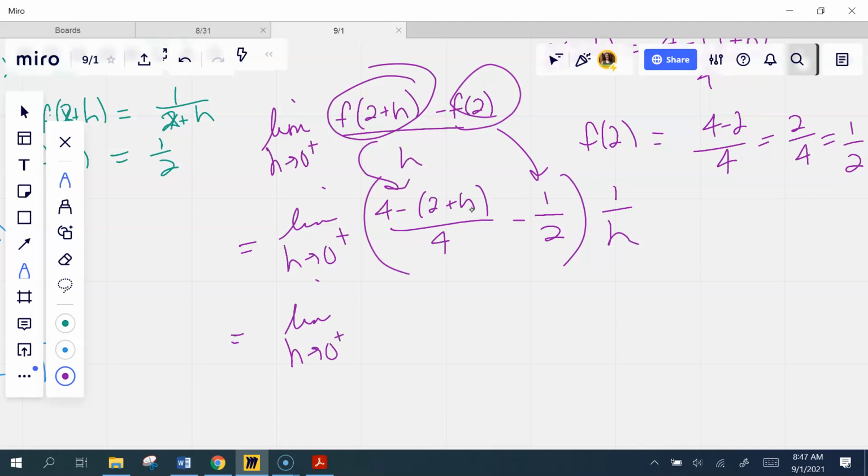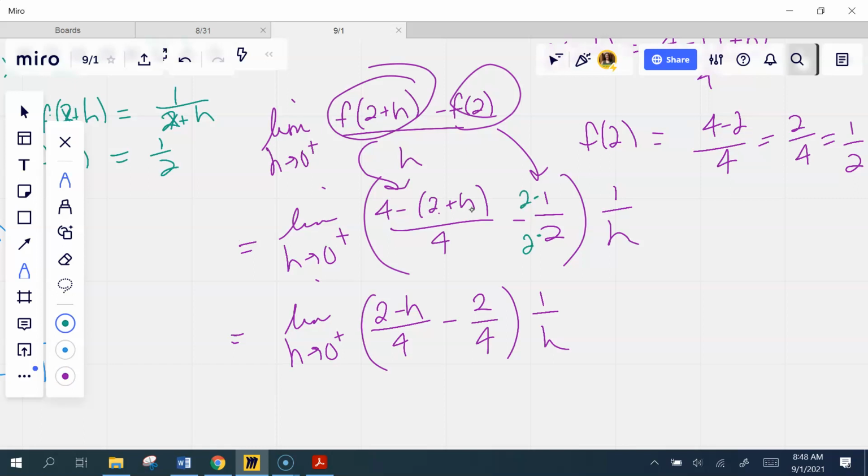0 from the right. What is this? 2 minus h over 4 minus, I'm going to make that 2 over 4. Was that too much for y'all at one time? Any common denominators?